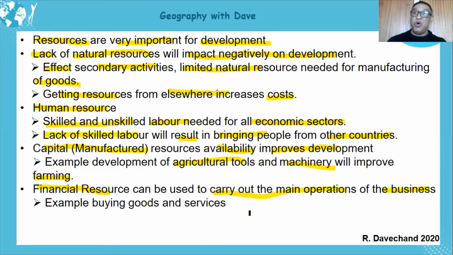So that resource becomes very, very important. Example, buying of goods and services, machinery, paying the labor supply, teaching skills. So that's the financial. Without that, you find that development is restricted.